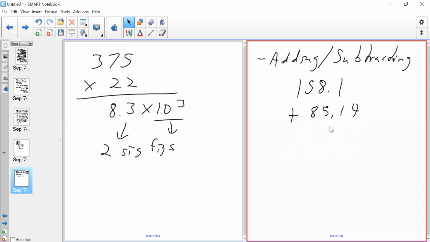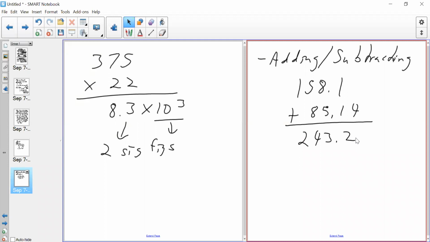We just look at the number of digits after the decimal. Everybody's possibly going to approach it in a couple of different ways, but the answer should be in terms of one digit after the decimal. So if we do that addition, 158.1 plus 85.14, we get 243.24, so 243.2 should be the answer. Rounding for 5, all that stuff.